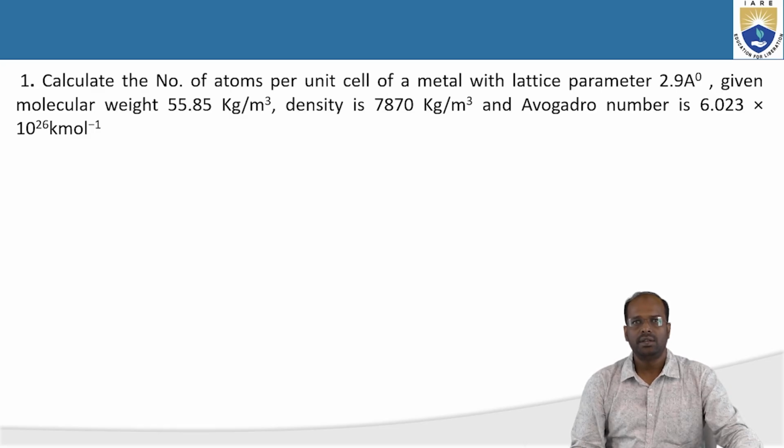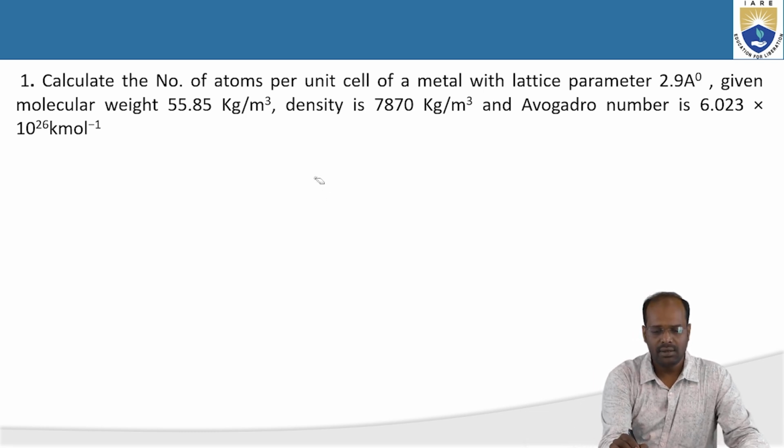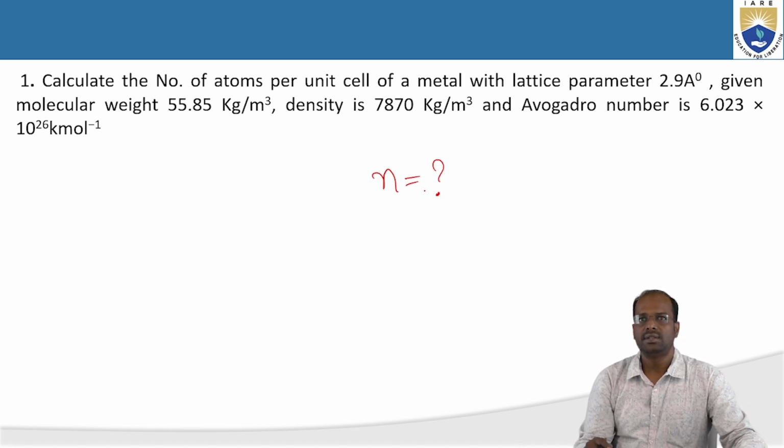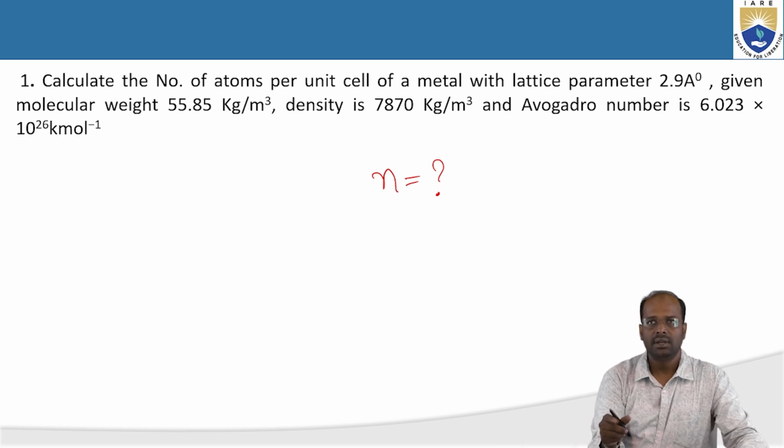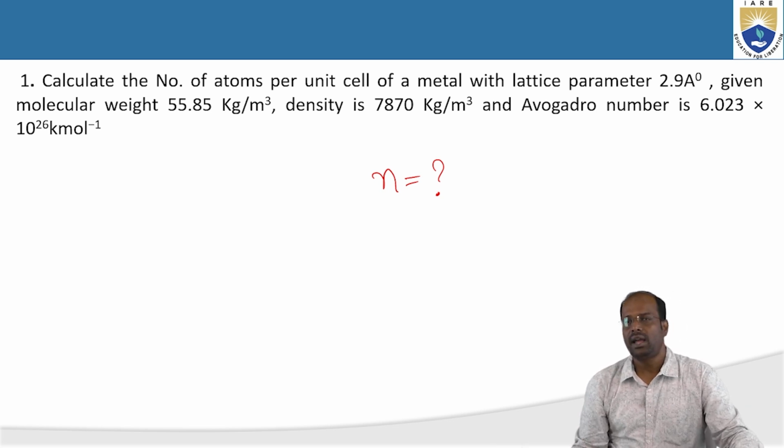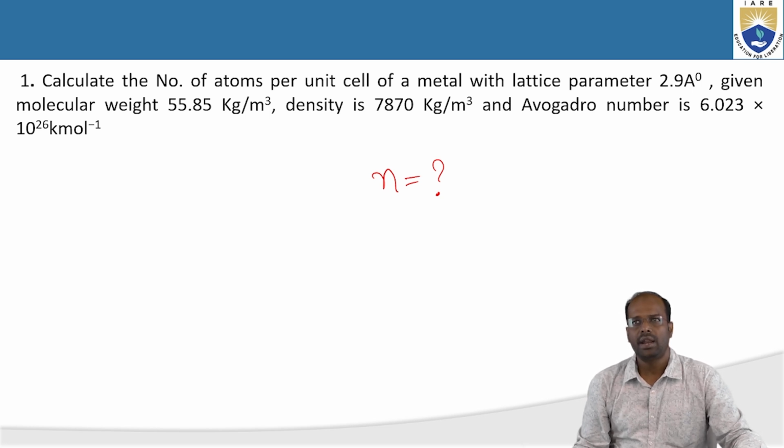First problem on crystal structure: calculate the number of atoms per unit cell of a metal with lattice parameter 2.9 angstrom.